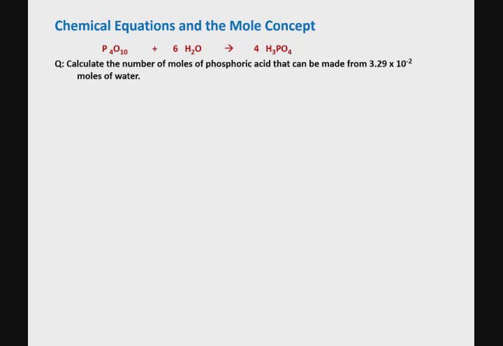So when it comes to solving problems such as this, we can use these ratios as conversion factors. For example, let's look at the first one. They're asking us to convert so many moles of water to moles of phosphoric acid in that one equation. So we are going from moles of H2O, and how many do we have?